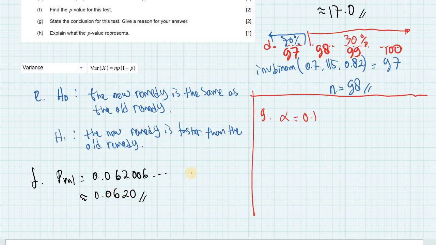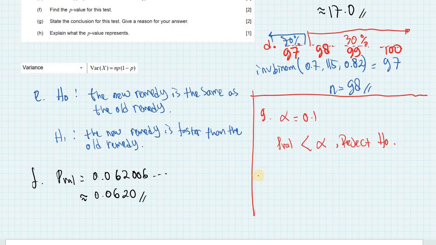The bigger one is the alpha, so we can say the p-value is less than alpha. So we reject the null hypothesis. You can also explain this. It is 2 marks: 1 mark for the reason, and 1 mark for the answer. Reject the null hypothesis. That's G.